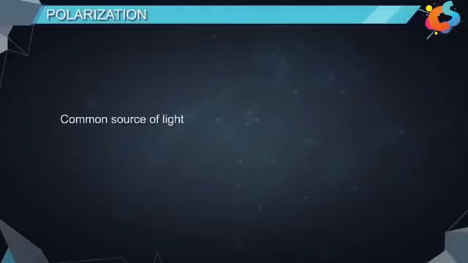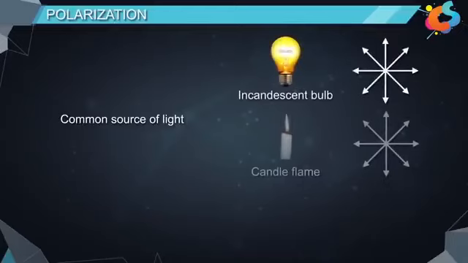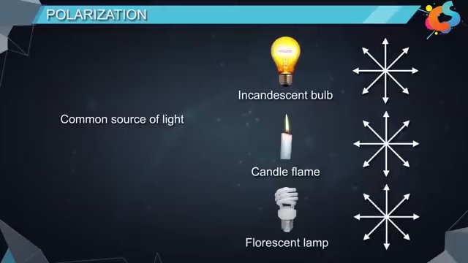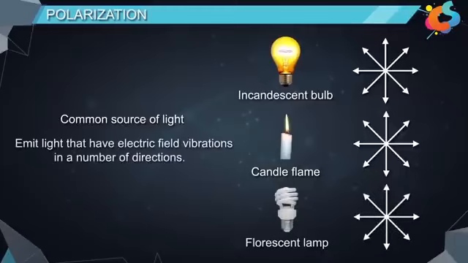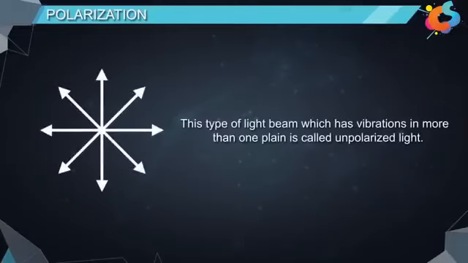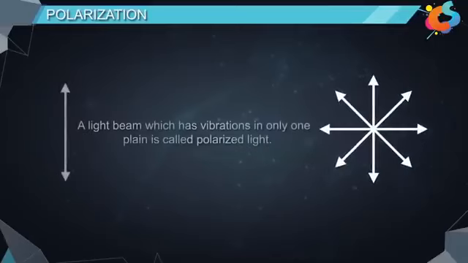Due to this, a common source of light like an incandescent bulb, candle flame, fluorescent lamp, etc. emit light that has electric field vibrations in a number of directions. This type of light beam which has vibrations in more than one plane is called unpolarized light. Similarly, a light beam which has vibrations in only one plane is called polarized light.